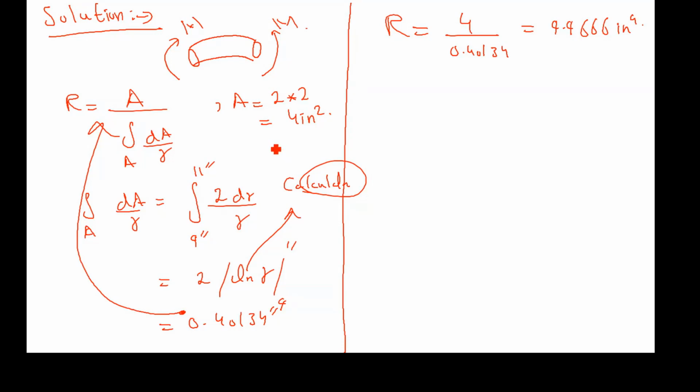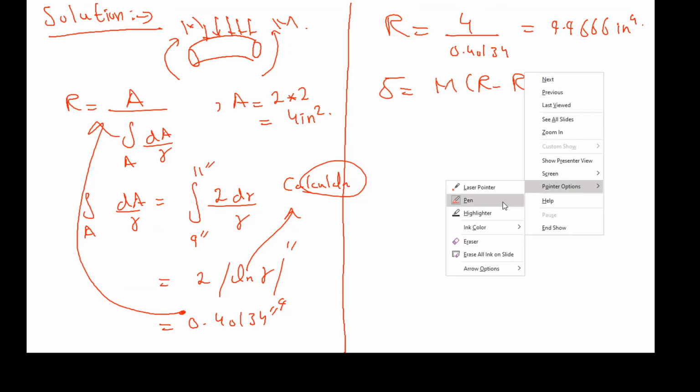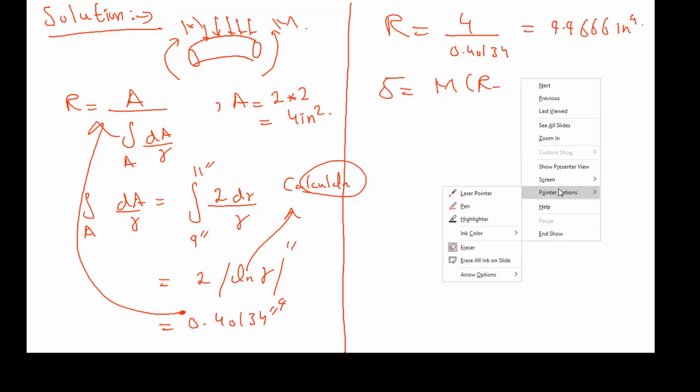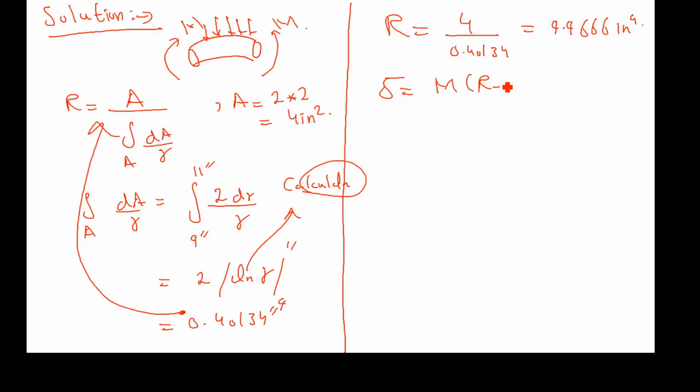Since the normal stress at the top is compressive, sigma is going to become equal to M into (r minus r naught) divided by A into r naught into (r bar minus r).